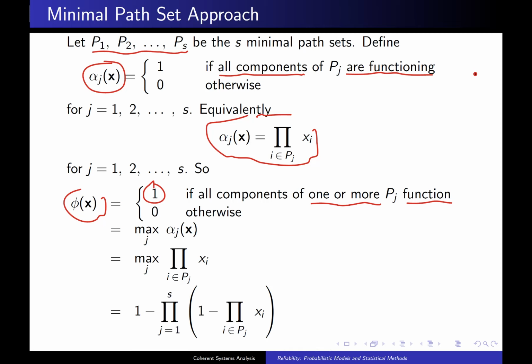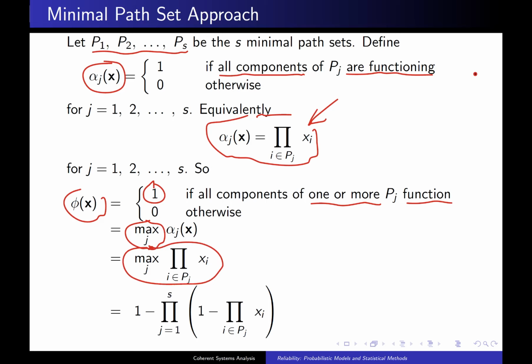So this can be expressed more succinctly using a maximum of the alpha j of x's. But you know from up here that those alpha j of x's are simply the product, so now you have the maximum of the product of those values.